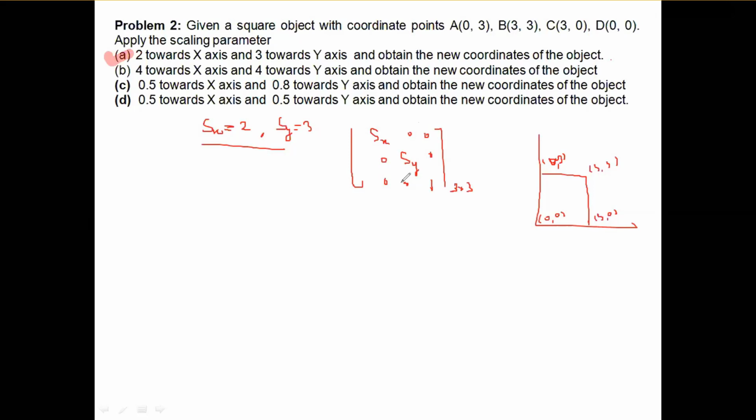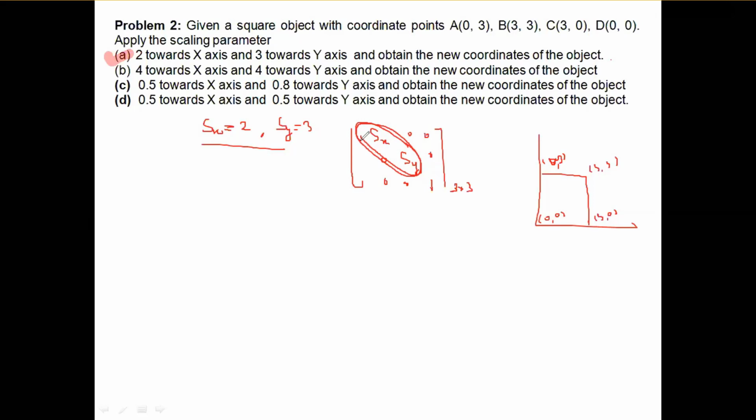I have also covered that when these diagonal parameters reach negative values, it leads to reflection. I have already covered it.